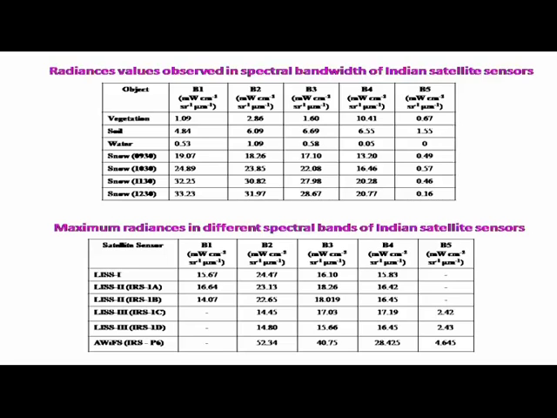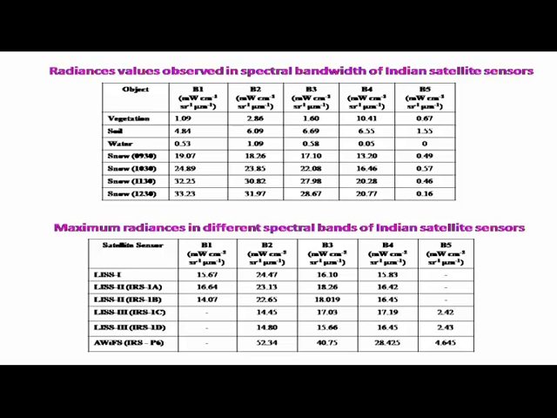when you design these sensors, you know what the maximum radiance should be for particular objects. Earlier there were the sensors in the IRS series, like LISS-1, LISS-2, LISS-3. All these sensors were saturating in the case of snow, because if you see the snow radiance in the top table, all these radiances are higher than the maximum radiances of the sensor.